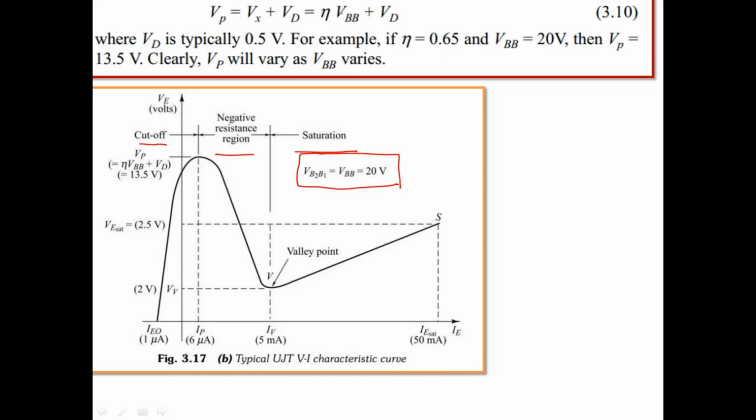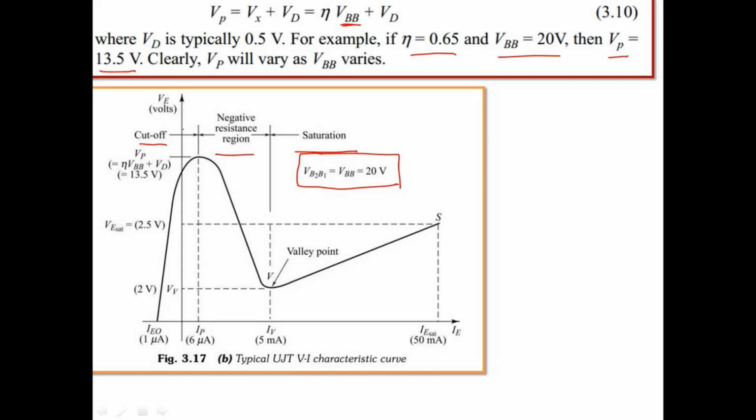As you know, eta varies from 0.5 to 0.8. Let's keep eta as 0.65 and VBB as 20. The peak voltage is going to be 13.5 volts. Till 13.5 volts, your UJT is in off state, the cutoff state.